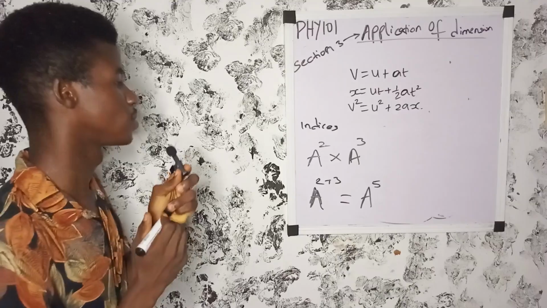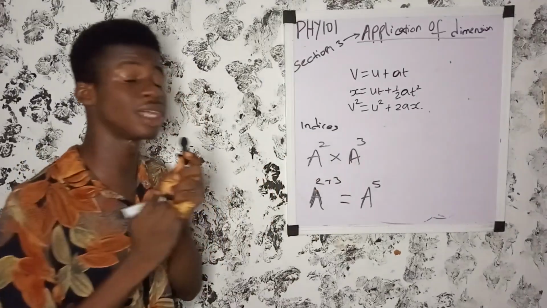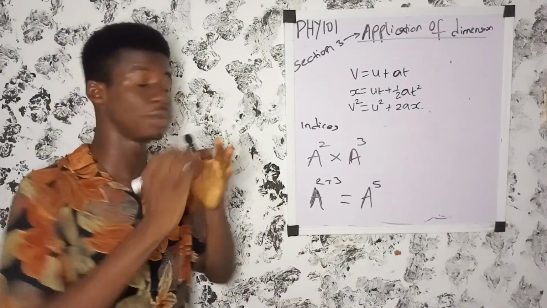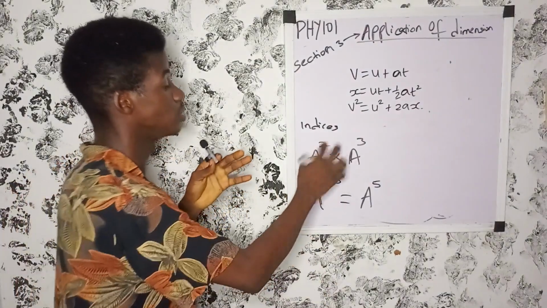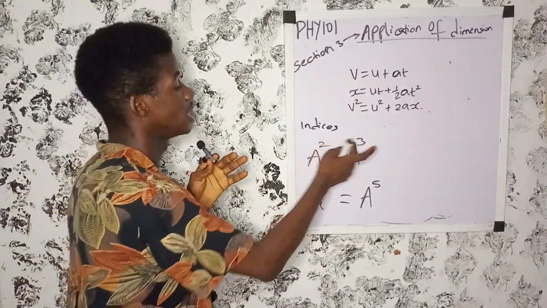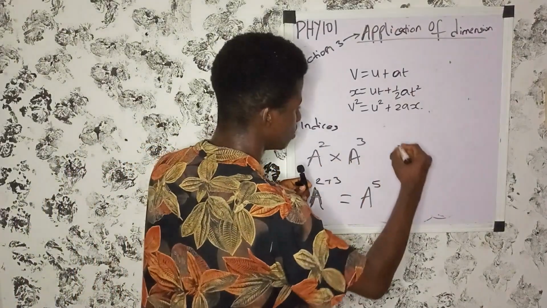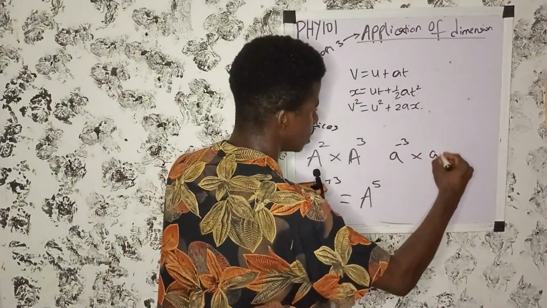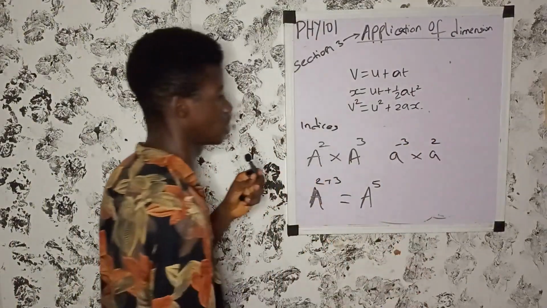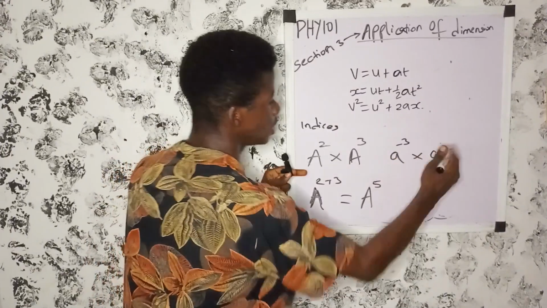So this is another law in indices that tells you that when two bases are equal, you just take one of the bases and then you add their powers. What about, for example, a to the power minus 3 times a to the power 2?